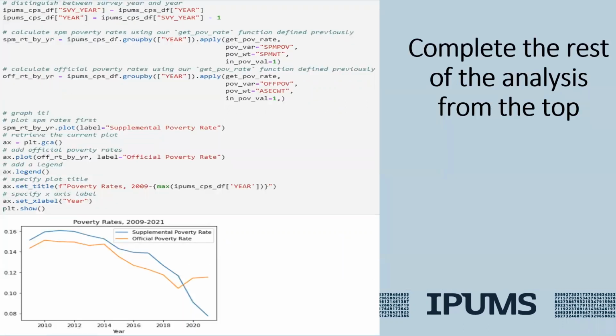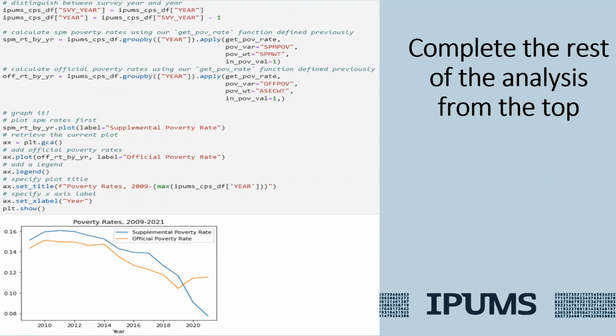And now we can just rerun the rest of our analysis from the top and get an updated plot. You can see this is exactly the same code that we were looking at earlier in our workflow discussion. And now we have that survey year 2022, reference year 2021 observation on our figure here.